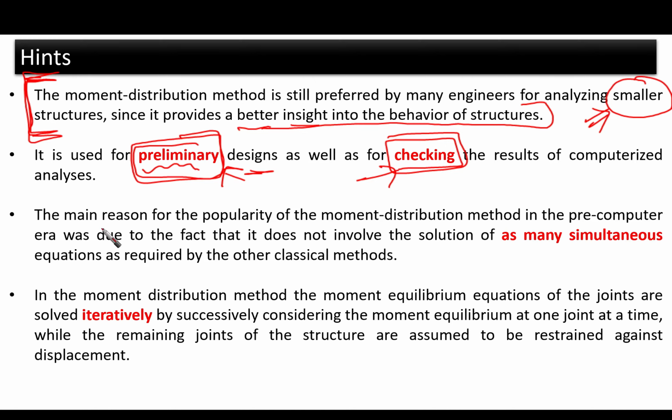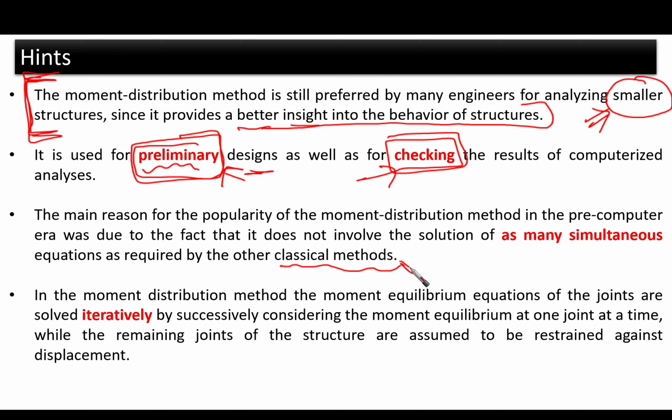The main reason for the popularity of the moment distribution method in the pre-computer era was the fact that it does not involve the solution of as many simultaneous equations as required by other classical methods. If you have gone through what we have explained before, you're going to find that a lot of simultaneous equations need to be solved for the other classical methods.